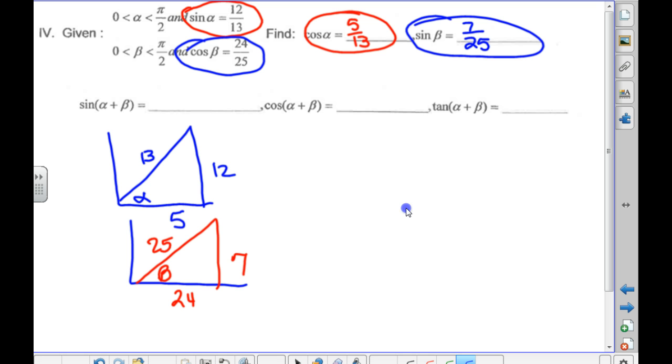All right. I don't have the formula written out here. Can somebody tell me, one step at a time, what we need to do for sine of alpha plus beta? Sine of alpha would be 12/13 if we look up at the top, right? Times cosine of beta was 24/25. Am I doing okay? And then what does it say, minus or plus?